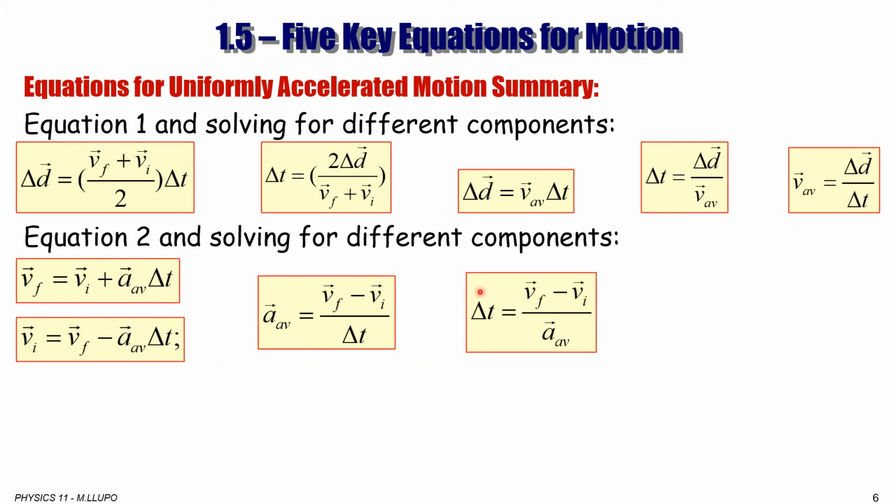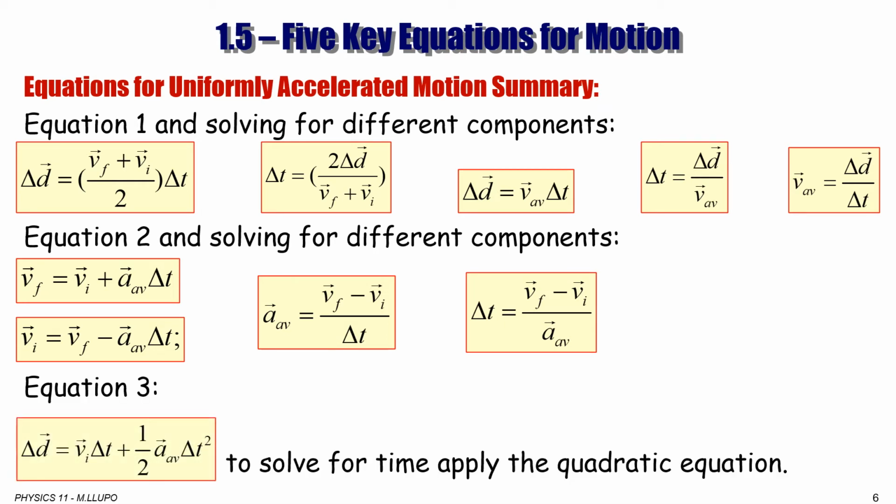And if you solve for time, you're going to get V final minus V initial over A average. So those combinations of equation number 2 might be very useful for you to solve different physics problems when the unknown might be different.